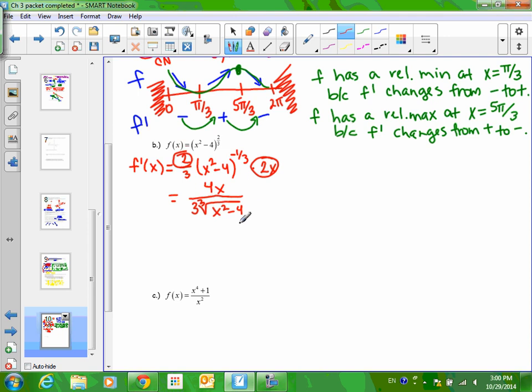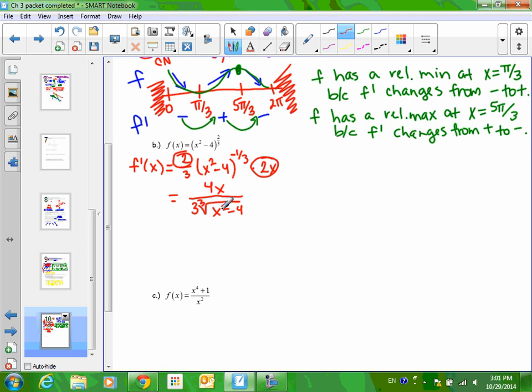Okay, this is going to be a lot easier to work with because what I have to do now is figure out where this derivative is undefined and where it is 0. I'm going to explain this, but in the end, it's actually really easy what we have to do. If you want to know when a fraction is 0, which piece of the fraction are you really looking at?